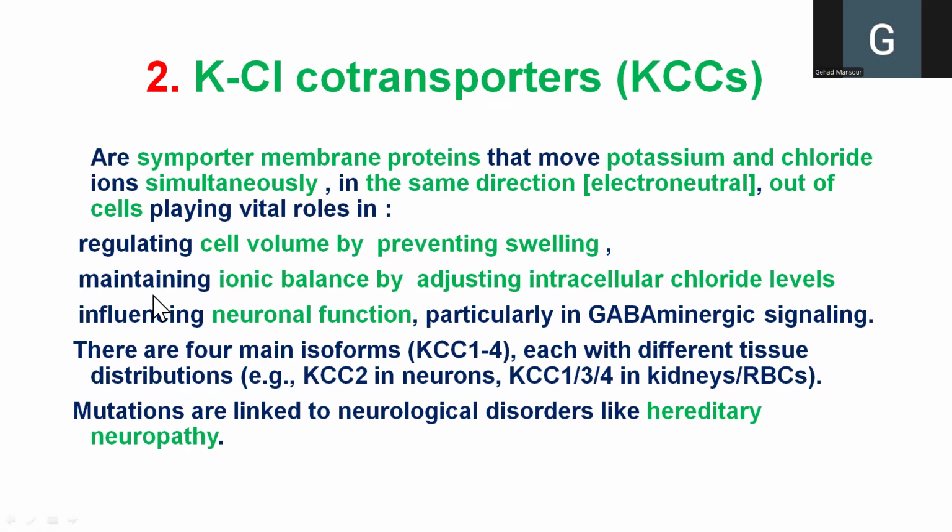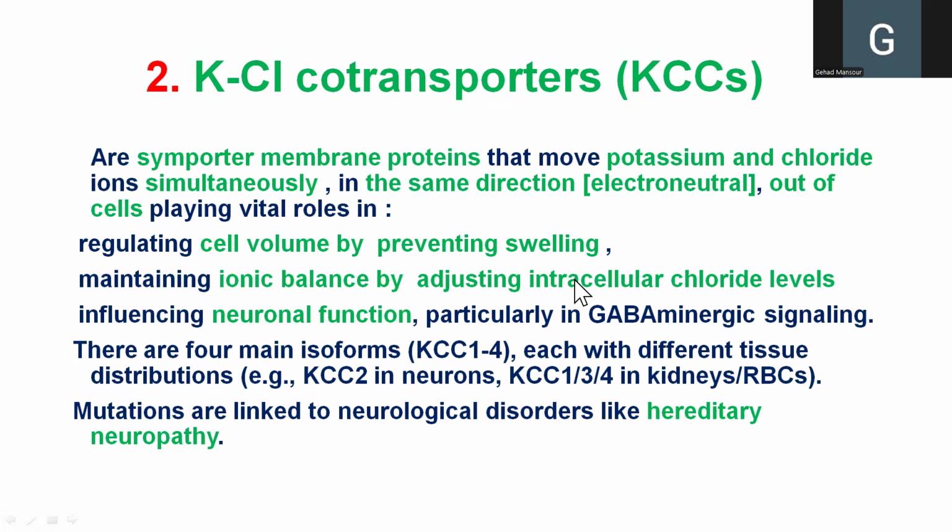The second purpose is to maintain ionic balance, because this way you're keeping chloride outside high and chloride intracellularly low. And this way you are also doing another important function, which is preventing swelling.